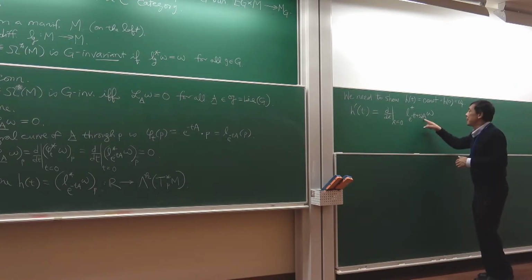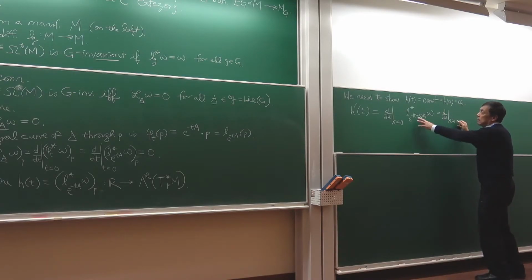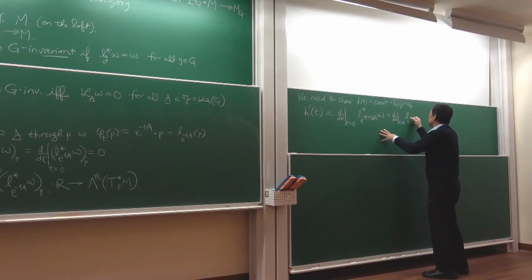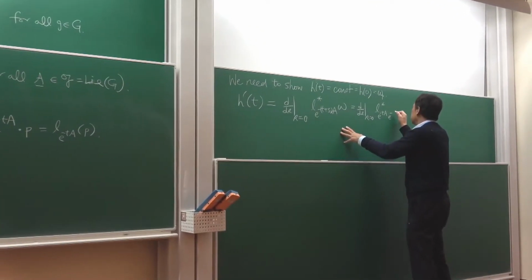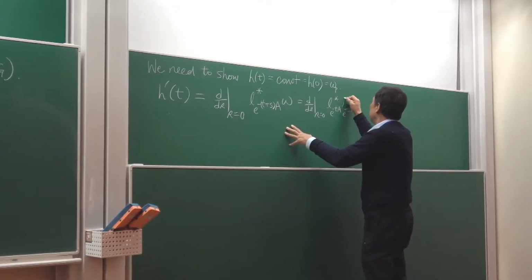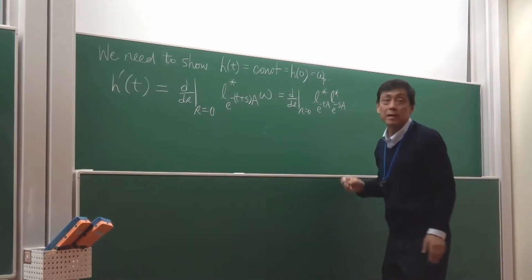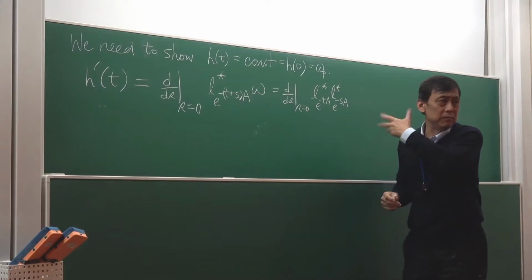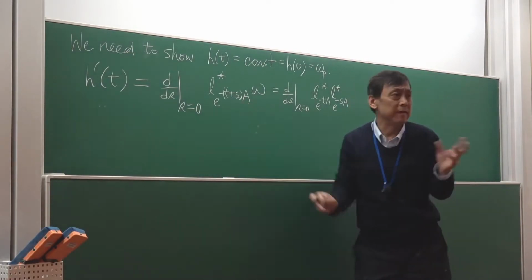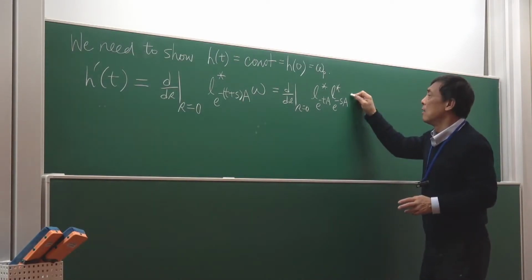And the exponential has this property, it's multiplicative, so it's L e to the minus t a star, L e to the minus s a star, omega. Here, it doesn't matter what the order is, because you can switch s and t.